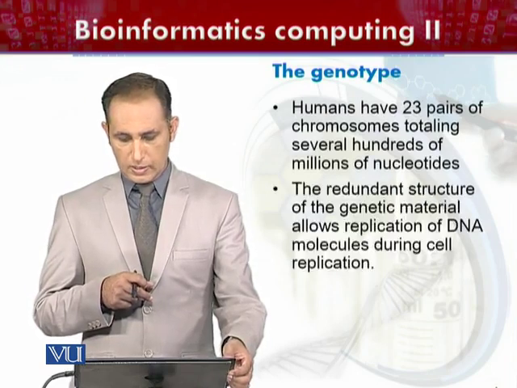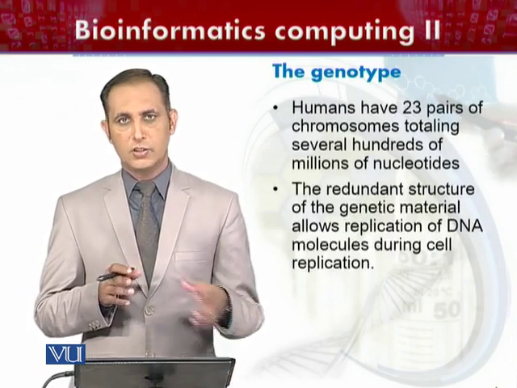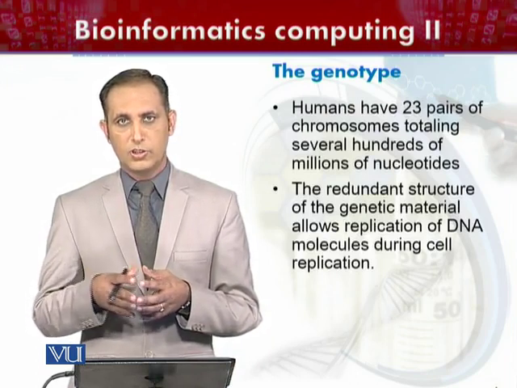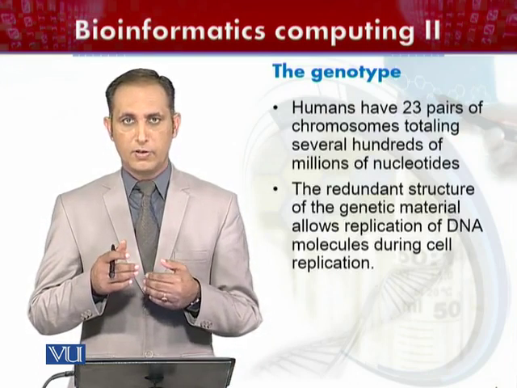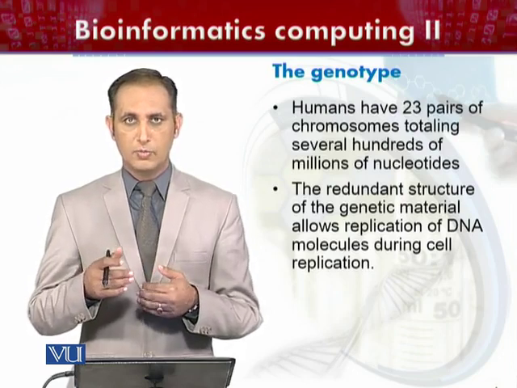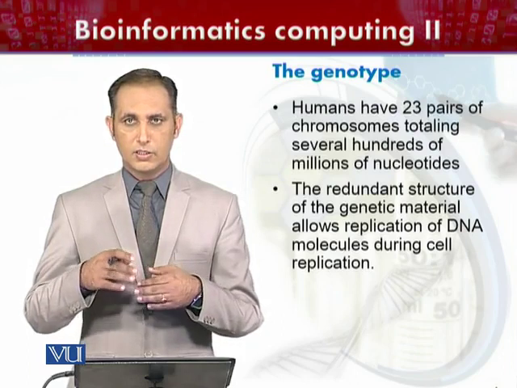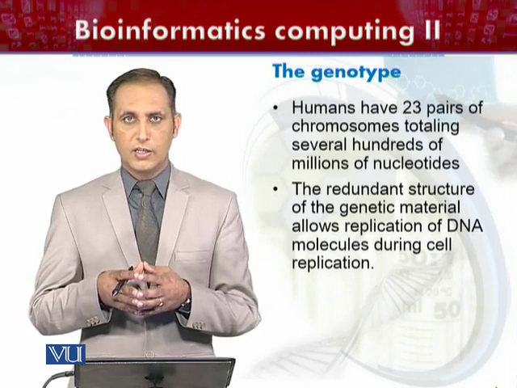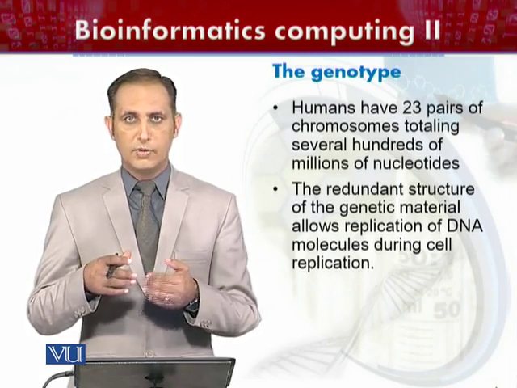And the redundant structure of this DNA gives it the property of replication, because if the genetic material is to be passed on to the next generation, it must be replicated, because the resultant cells must get an equal copy and equal quantity of the same DNA from their parents.